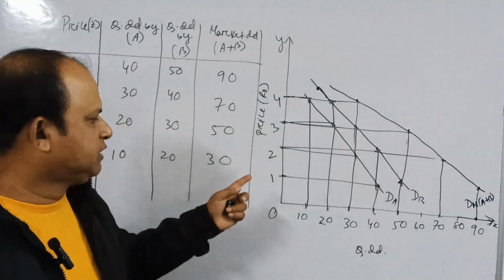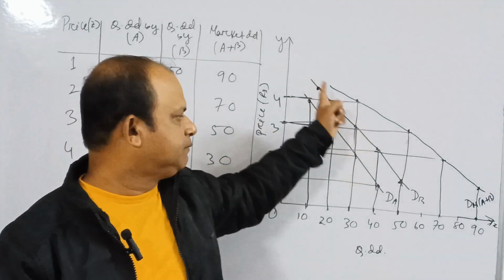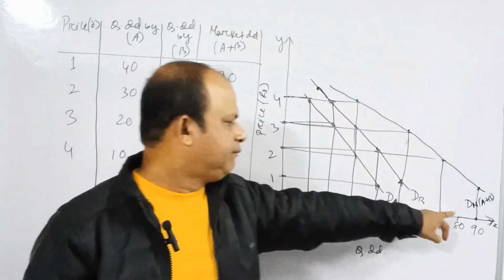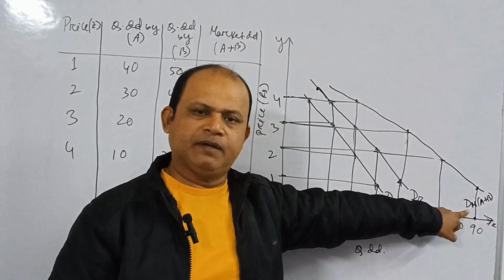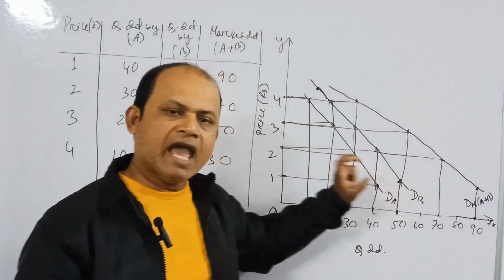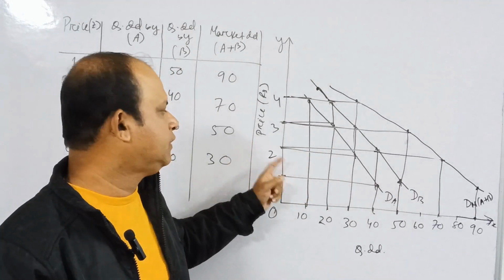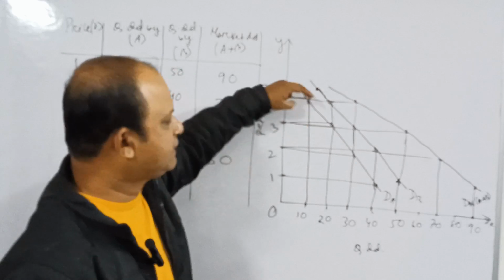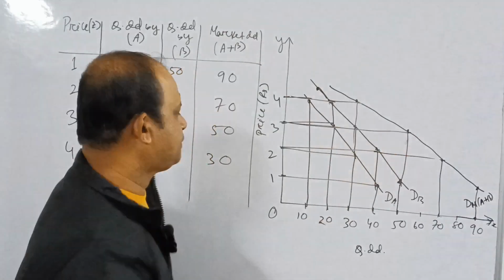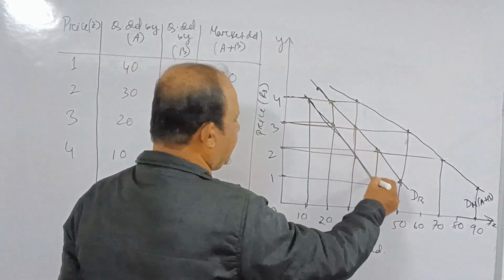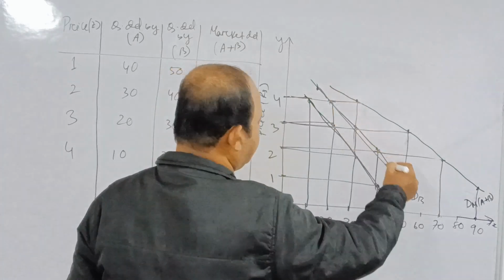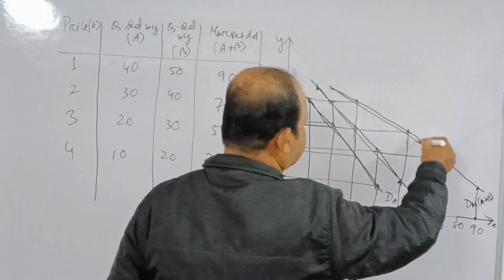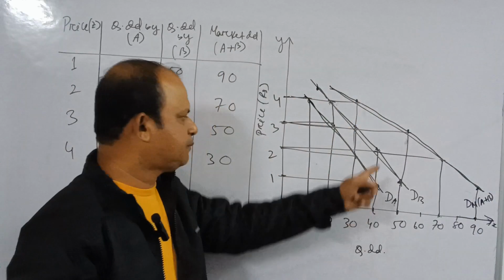And remember one thing: the market demand curve, DM, which is A plus B, shows the average characteristics of all individual demand. And remember one more thing, that the market demand curve is much flatter. This is the demand curve of A, this is the demand curve of B, and this is the market demand curve, which is much flatter.